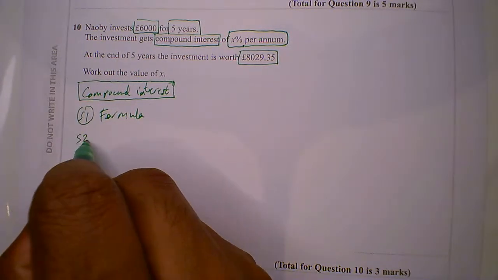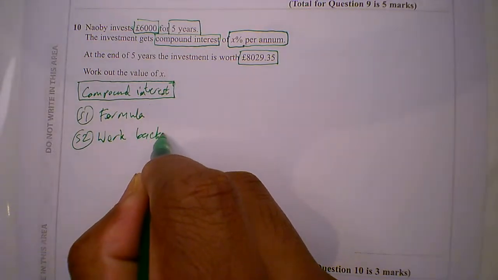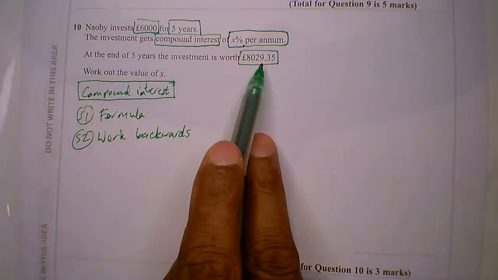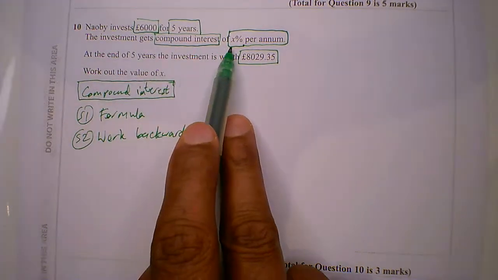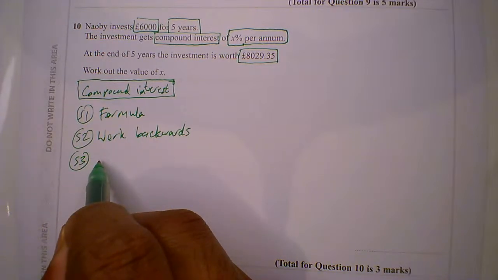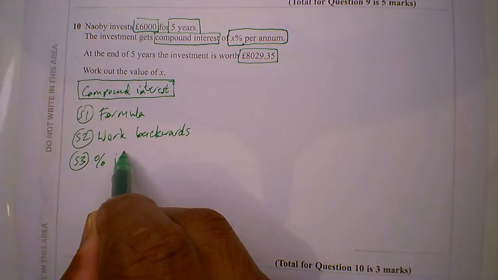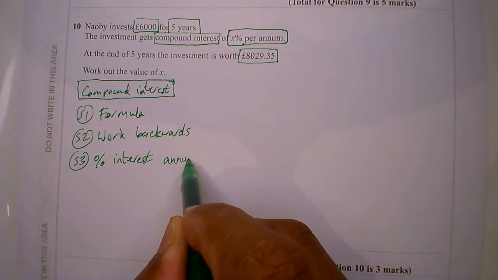Step 2 is to work backwards. And then at the end of the 5 years, work out the value of X. Step 3 is to write the percent interest per annum. I'm writing this down because I'm going backwards and it might get confusing.